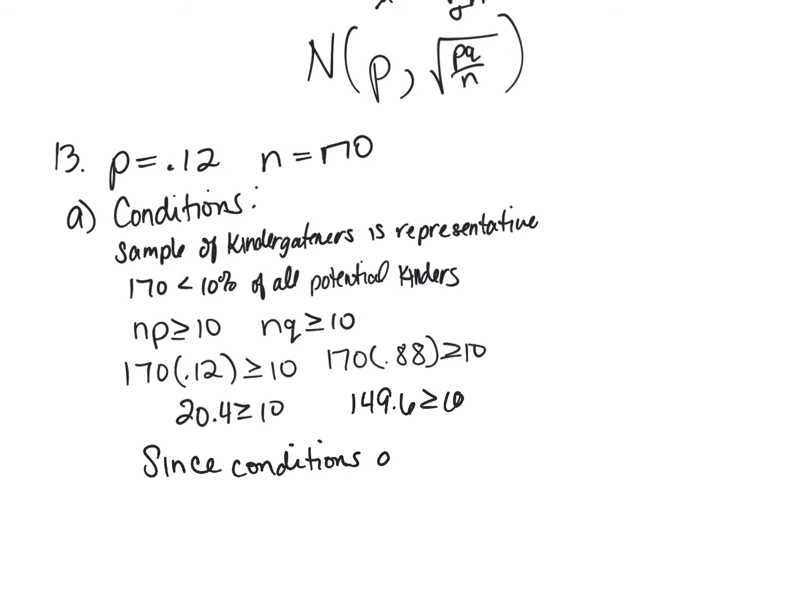Since conditions are met, a normal model is appropriate. Now, there will be times when the conditions are not met. And if conditions are not met, then we cannot use the normal model to do these calculations, and we have to find another way.